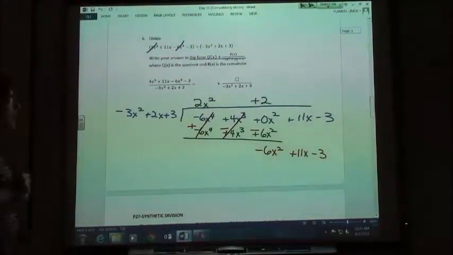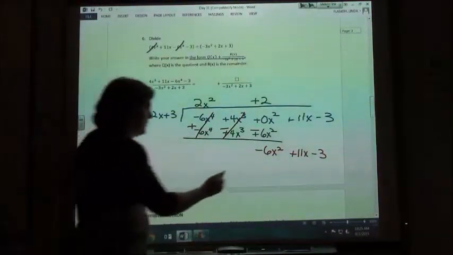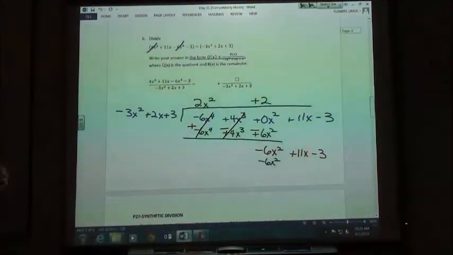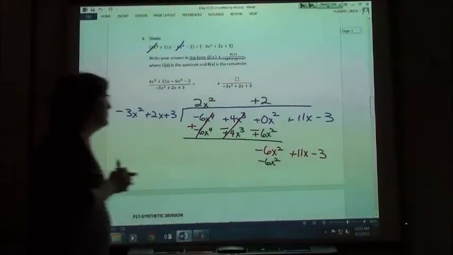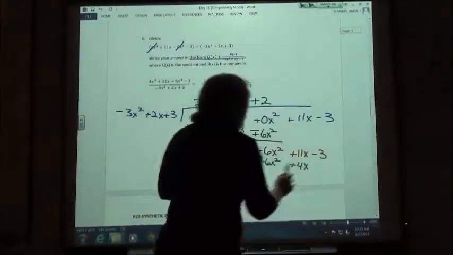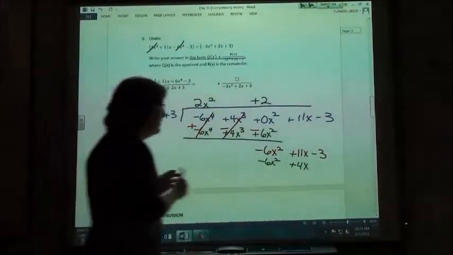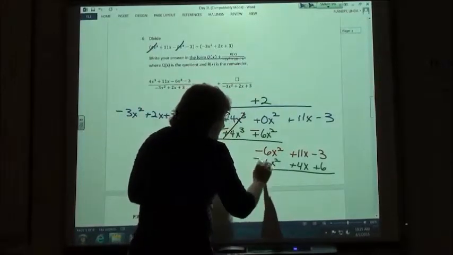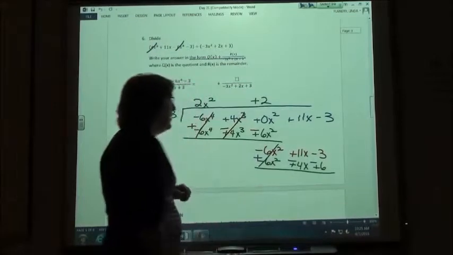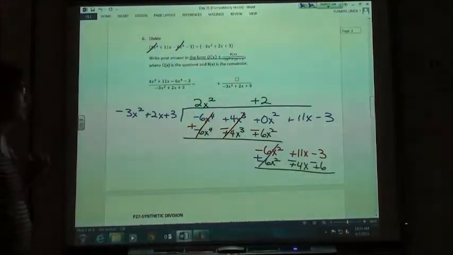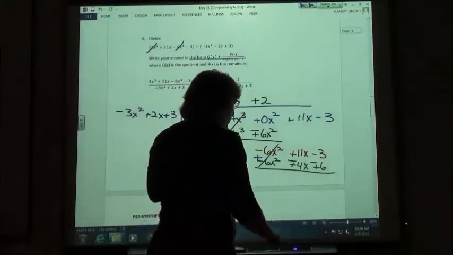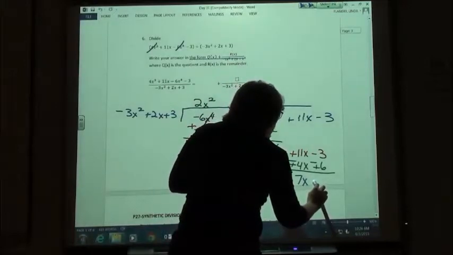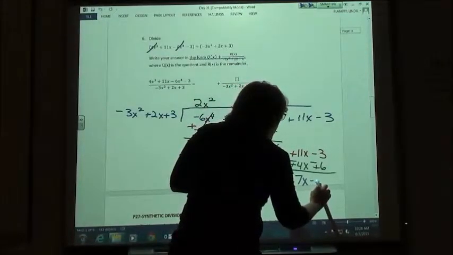So when we multiply that out, we would get negative 6x squared, plus 4x plus 6. And then we're going to subtract, so we change our signs. That cancels out. This is going to be 7x minus 3, minus what?